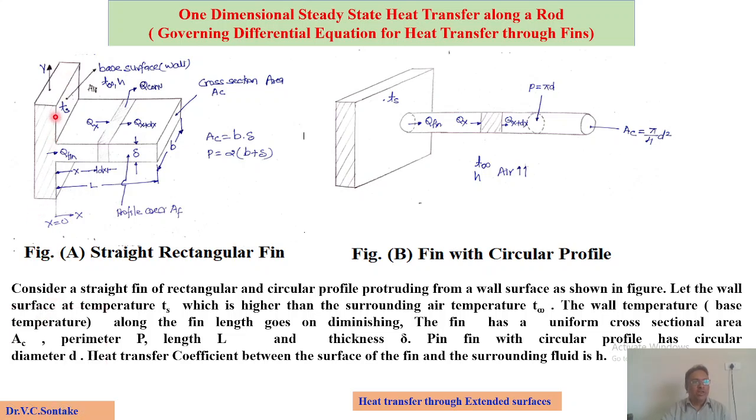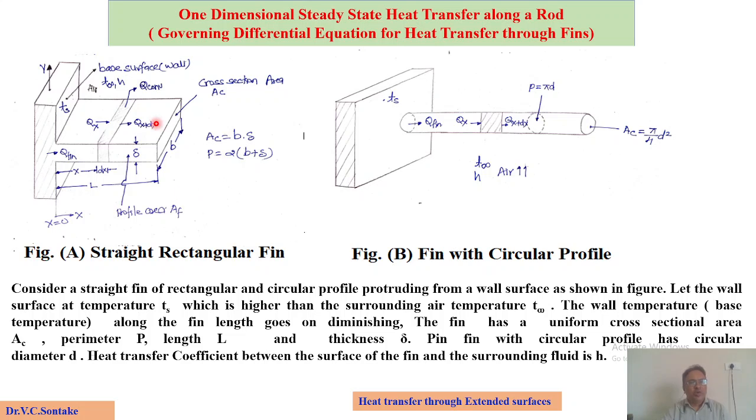Let this wall, also called the base surface, be at surface temperature Ts, which is higher than the surrounding air temperature T infinity to which it is exposed. The temperature along the length goes on decreasing.